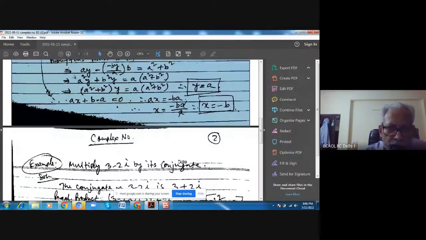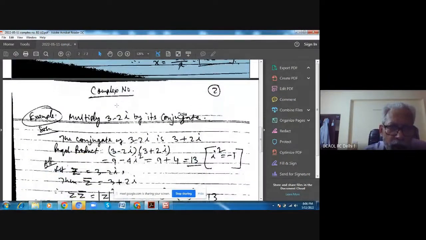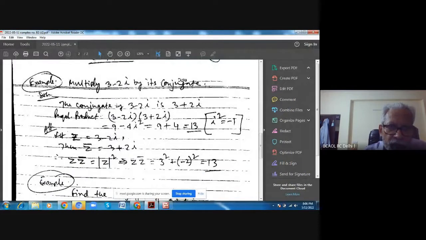So another example, conjugate, as I told you. Multiply 3 minus 2 iota by its conjugate. The example I'm giving you is a question: multiply 3 minus 2i by its conjugate.